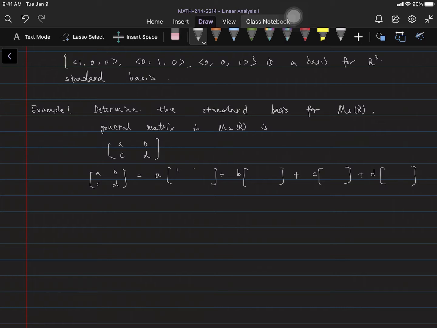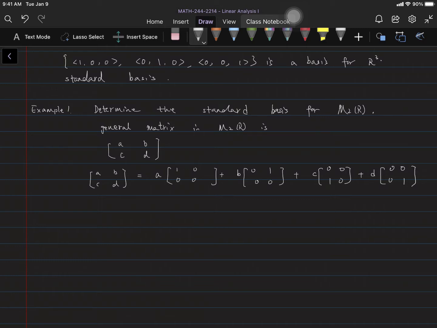So let's see. a times [1, 0; 0, 0], plus b times [0, 1; 0, 0], plus c times [0, 0; 1, 0], plus d times [0, 0; 0, 1], right? So any matrix can be expressed by a linear combination of those things.